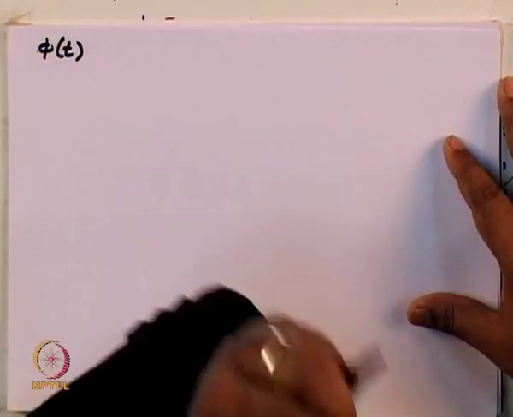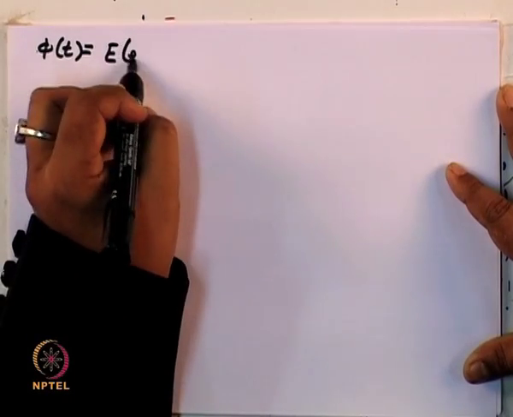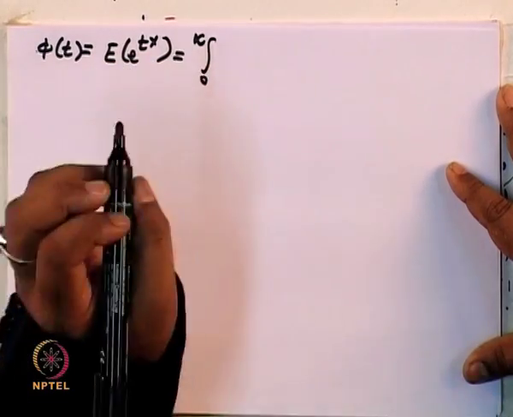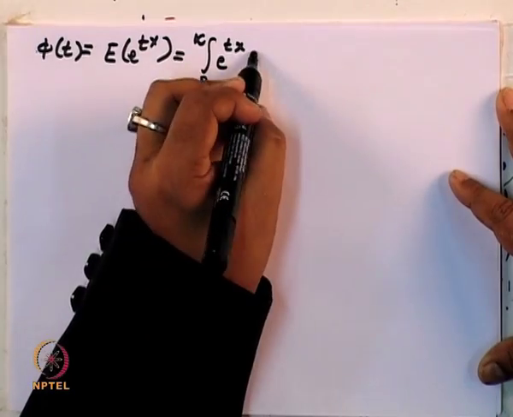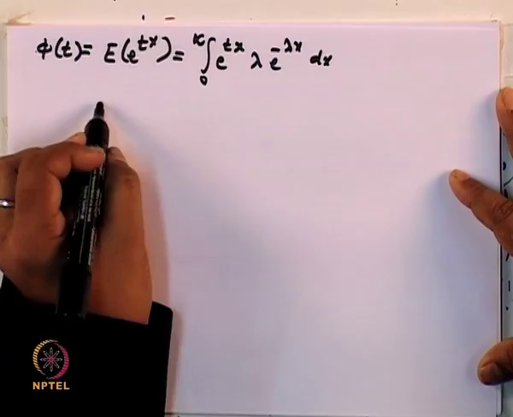Okay. But for this exponential random variable, we can calculate the moment generating function. So, the moment generating function will be the expectation of e to the power tX, which is the integral from 0 to infinity of e to the power tx into lambda e to the power minus lambda x dx.